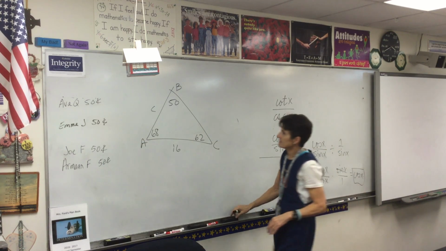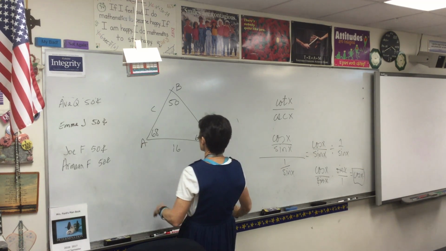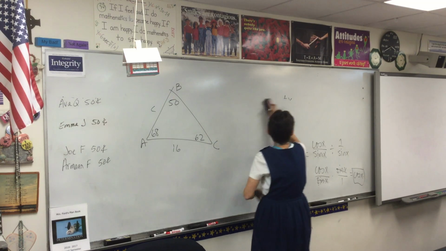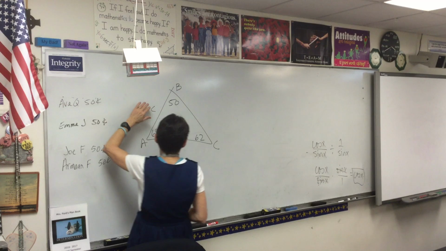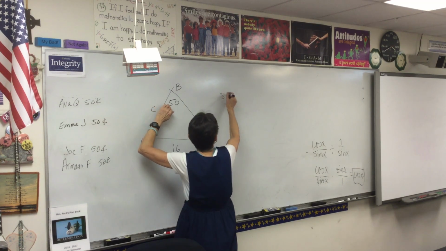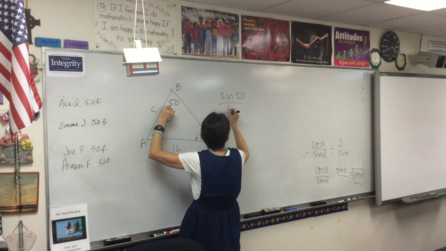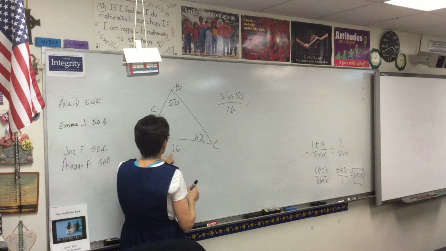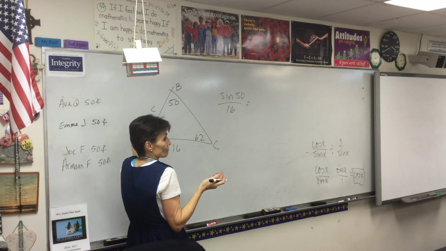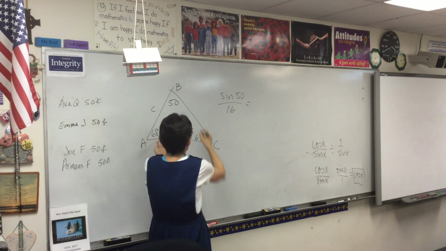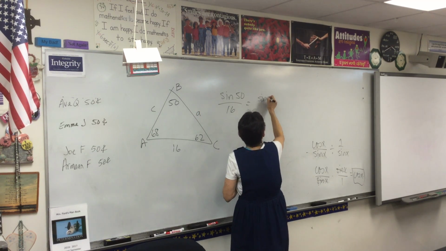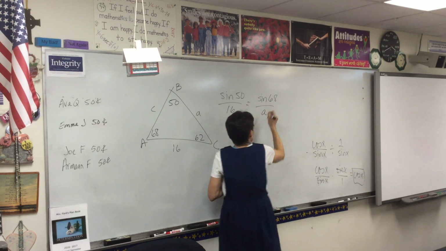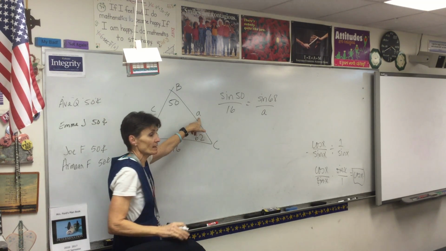All right, so we got a 62 there. Now, where do we go from here to start finding sides? Sine 50 over 16 equals sine 68 over A. Everybody understands that's A, right?